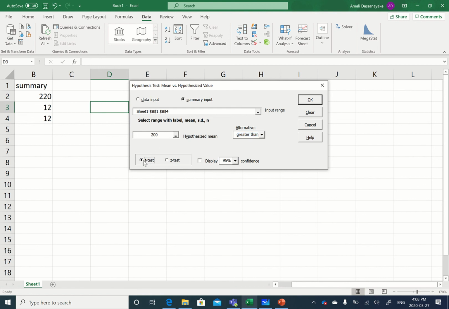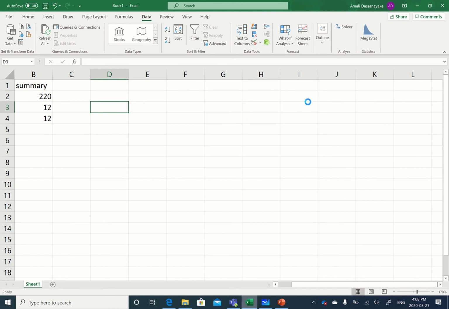And then we already know it's a t-test because 12 over here is the sample standard deviation. And you don't need to do this one because this one is going to create confidence intervals for population mean, and we don't need that right now. So that's it. Click OK.